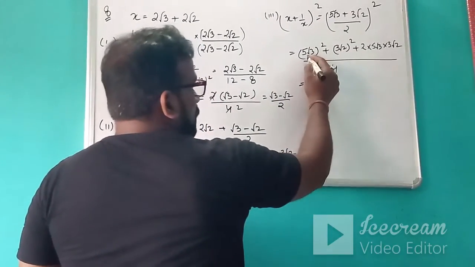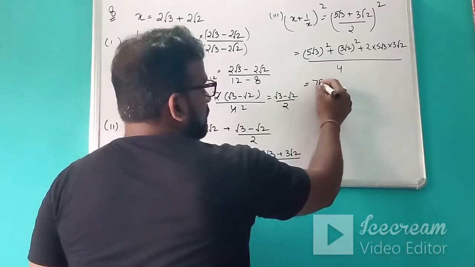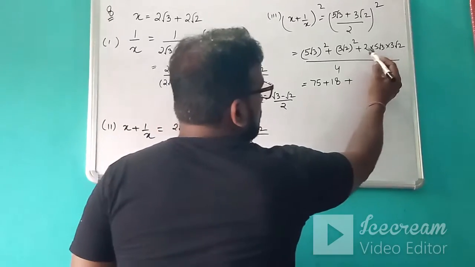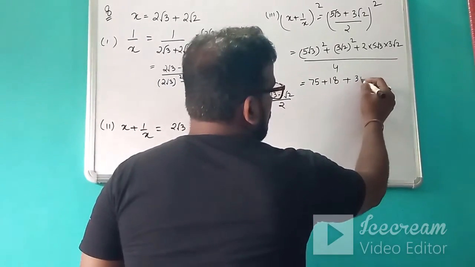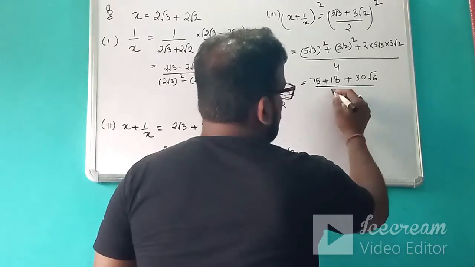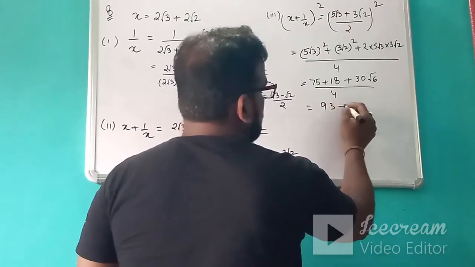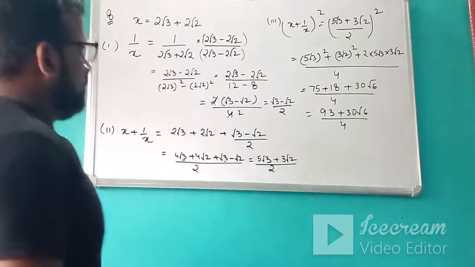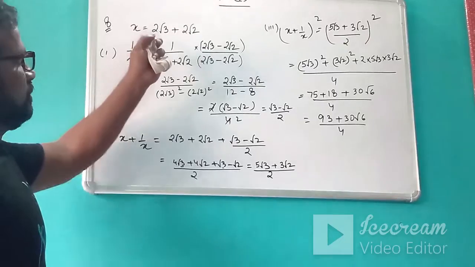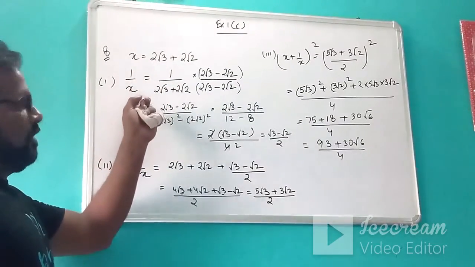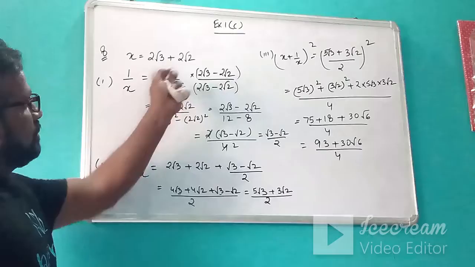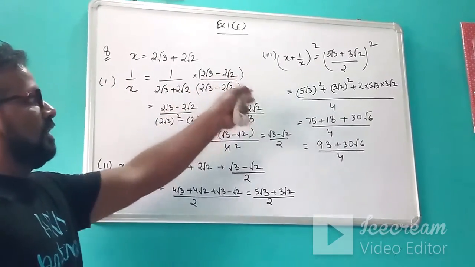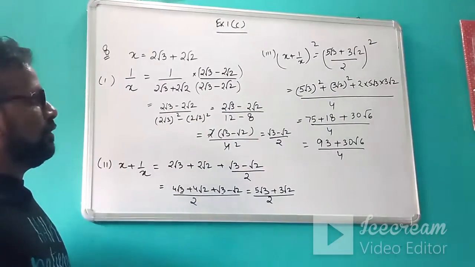So what is 5 root 3 square? 25 into 3, 75, plus 9 into 2, 18, plus 2 5s are 10, 3s are 30 root 6, upon 4, or we can write 93 plus 30 root 6 upon 4. Okay, like this. So in questions like this, whenever you are calculating 1 upon x, you first multiply this whole irrational number by its rationalizing factor. Then only you will start doing this question.